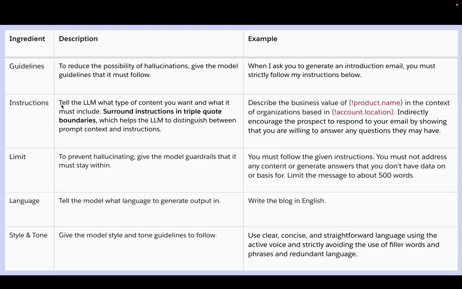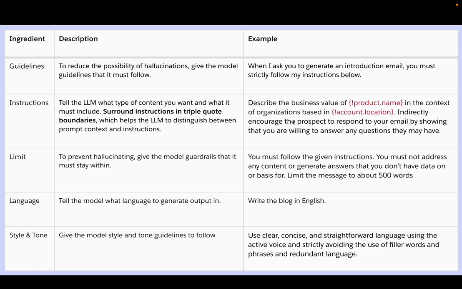The next is guidelines and instructions. This is where you provide the model with rules to follow to ensure the output is precise and aligned with your expectations. For example, you could say, when I ask you to generate an introduction email, you must strictly follow my instructions below.